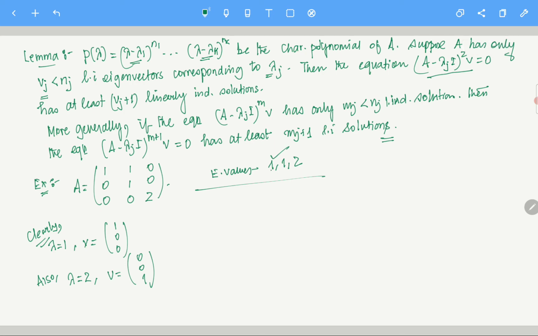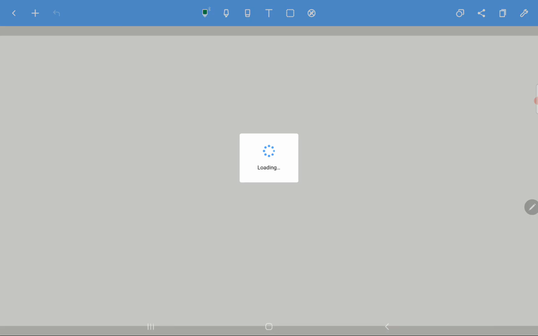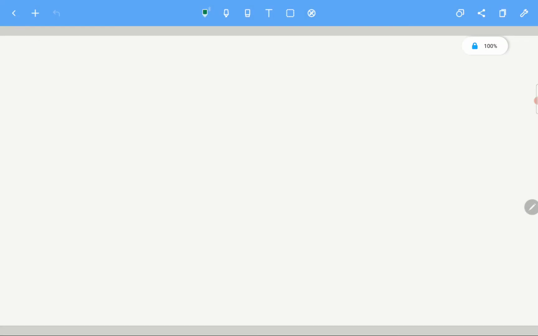So you see 1 has a double root, right? So basically let's start with 1. I hope this is clear, it's not very difficult. So we look for all solutions of the equation (A minus lambda I) squared v equals 0.